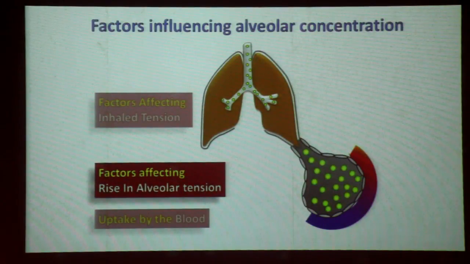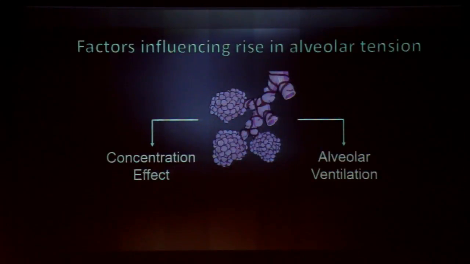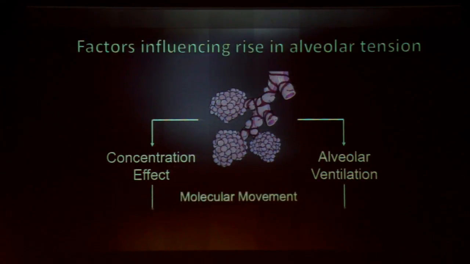Now next we come to the factors which affect the alveolar tension. We have talked about the inhaled tension, now let's talk about the alveolar tension. What factors can play a role? The factors which play a role in the rise in alveolar tension are two, which are described in books: the concentration effect and the alveolar ventilation.